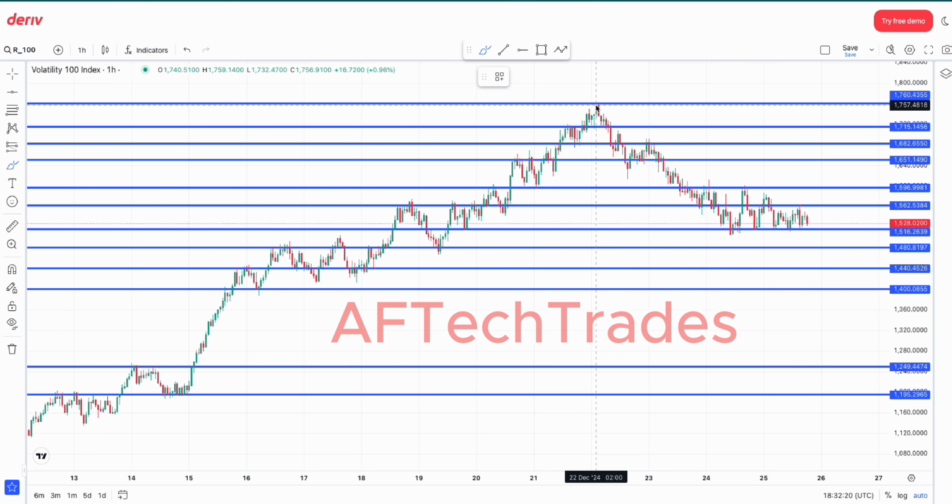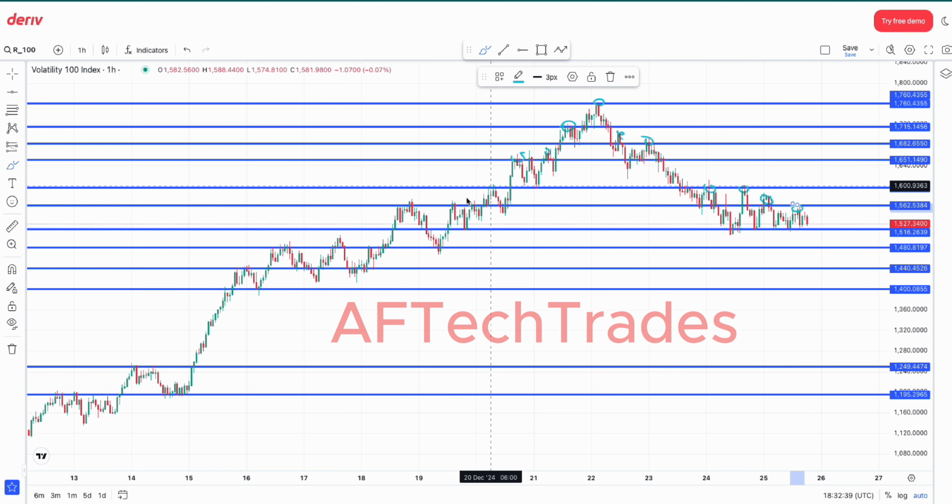You see the reactions I'm talking about. The market reacted here and turned, the market reacted here. That is where you will mark, just mark each zone as your psychological level.